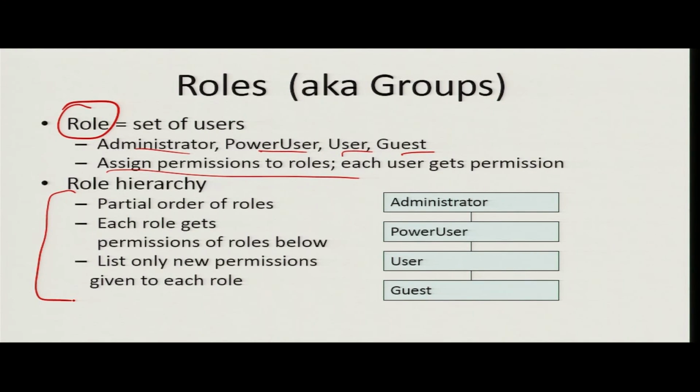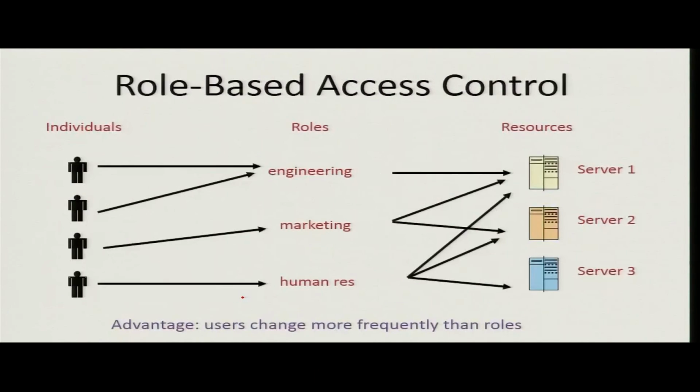If you look at the hierarchy here, you have administrators, power users, users and guests, and most probably the permissions are a kind of superset as you go up, and you only list those permissions which are extra after the lower one. So, that is what they mean: list only the new permissions given to each role.